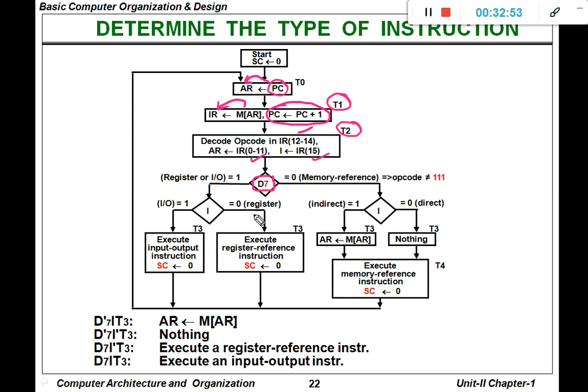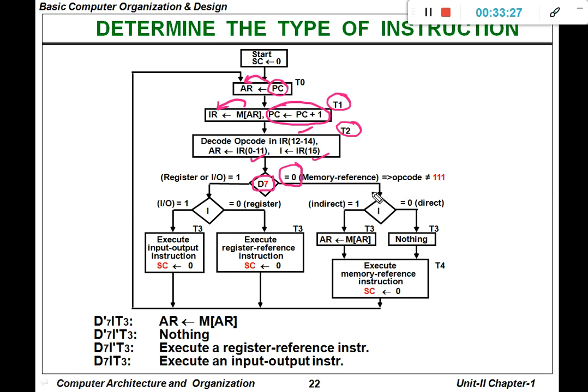Already in the previous class we have seen how to determine the type of the instruction. If D7 is equal to 0, the operation is always a memory reference instruction.